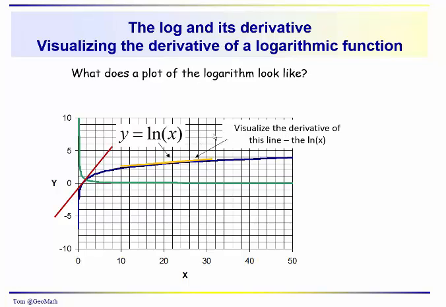But we're visualizing the derivative by drawing tangent lines to the function and thinking, what will that derivative look like? And dy dx in this case, a good guess would be 1 over x.